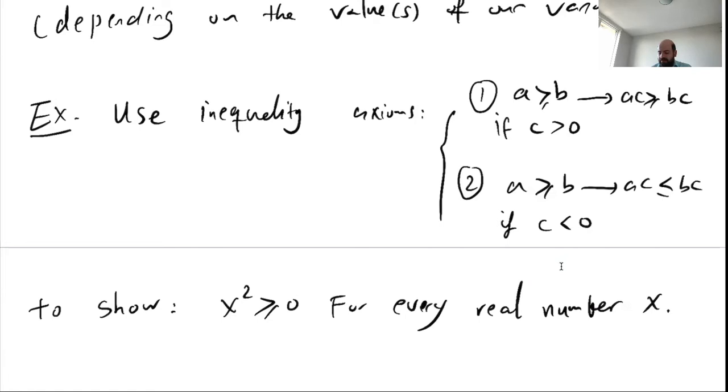And if you multiply with a negative number, the inequality will flip, okay? So we want to use this to show that x squared is bigger than or equal to 0 for every real number x, right? We already know that x squared is non-negative for every real number x. But how can we provide a proof? We want to provide a proof using these two axioms.